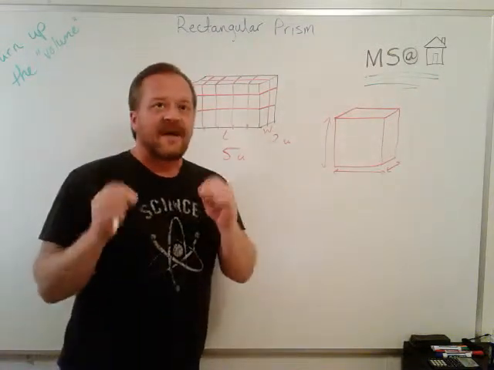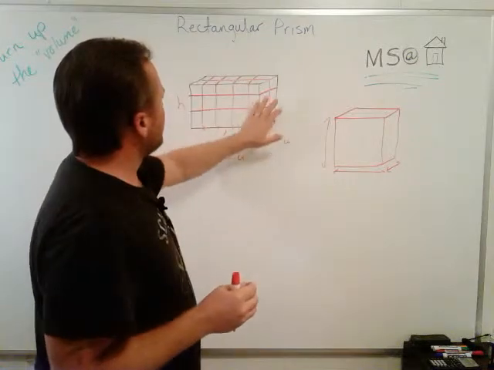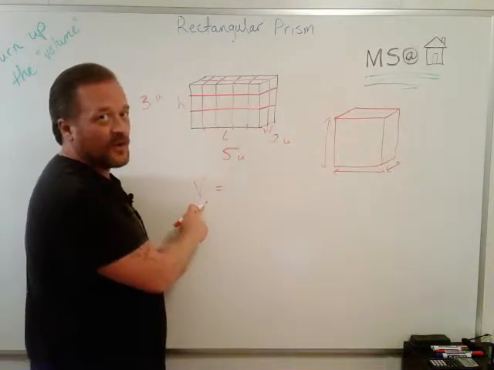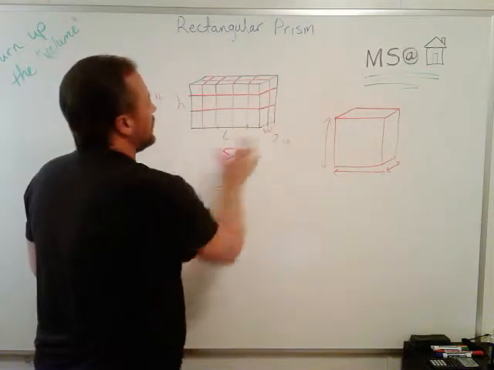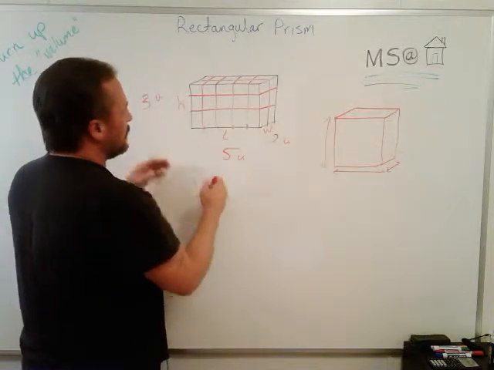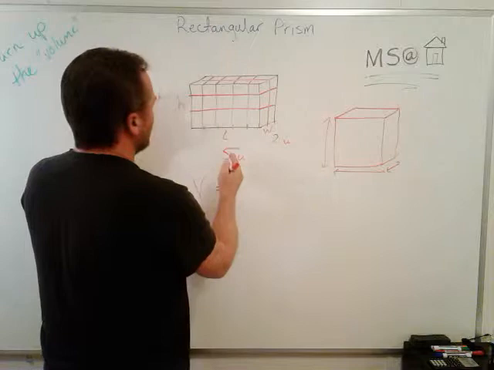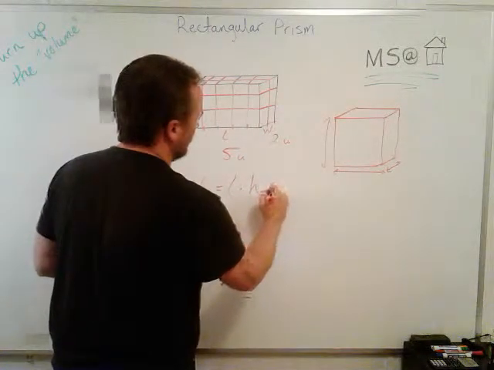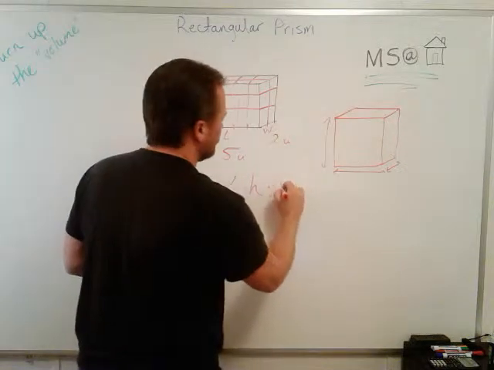So basically, by looking at this, I can tell that the volume, big V for volume, of this whole shape right here is the length and the width, I'm sorry, the length and the height, length times height times the width.